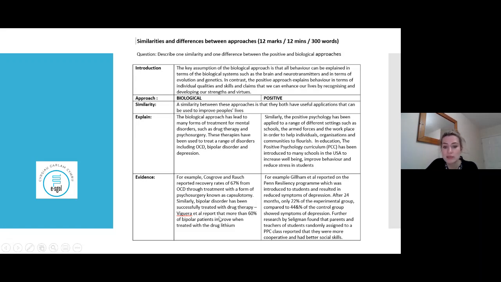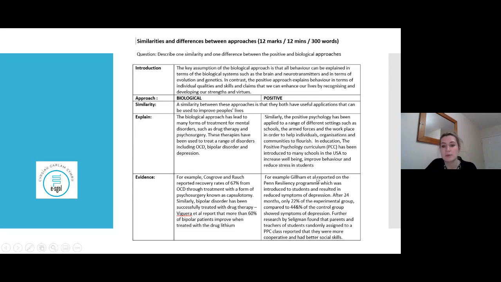Figueroa et al. reported that more than 60% of bipolar patients improve when treated with the drug lithium. So that tells us that drug therapy really works. It has a positive application. Really nice point there. It doesn't go into tons of detail where it gets a bit lost and jumbled. It really has a clear explanation and a clear piece of evidence as well.